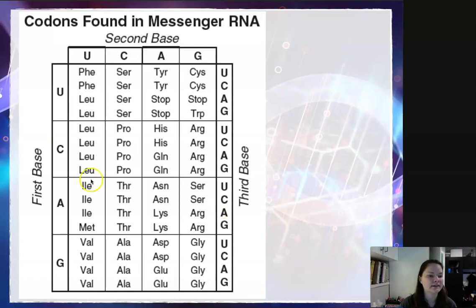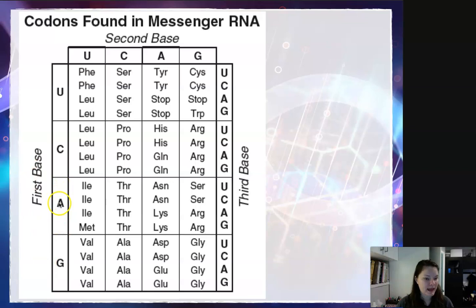Okay, so for example, let's say that the RNA says A, U, G. What we're going to do is go over here to where it says first base, to the A. That means that whatever amino acid we're looking at is going to be in this row right here.